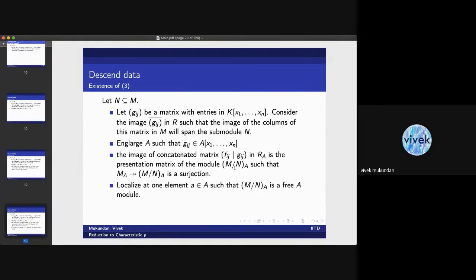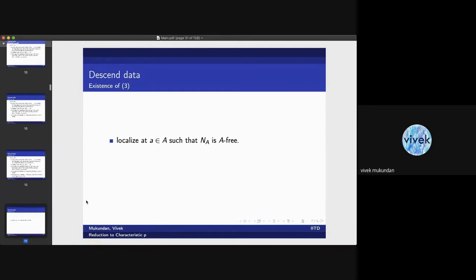Now localize at one element of A to make sure that M mod NA is an A-free module, and we can let NA be the kernel of the surjection map from MA to M mod NA, which is nothing but the columns of the image of Gij in N. Localize again by generic freeness at a nonzero element of A, such that NA is A-free. So we have that the descent of M mod N is nothing but the descent of M modulo the descent of N, and all three of them, MA, NA, and M mod NA, are all A-free, and they satisfy the third condition of the descent.